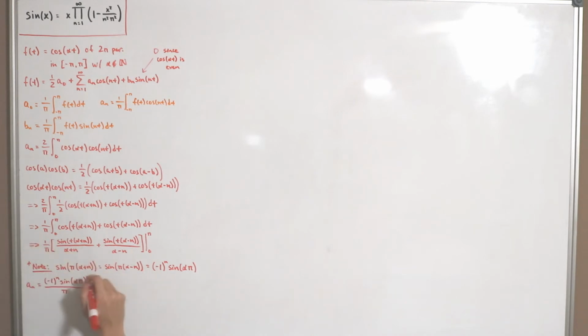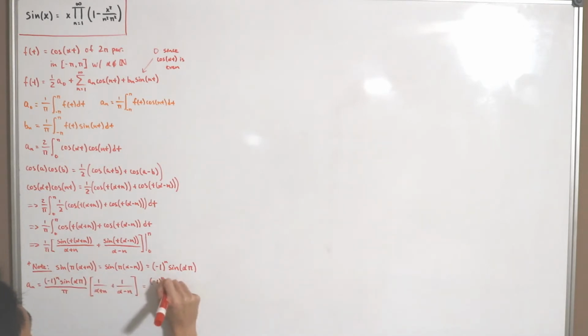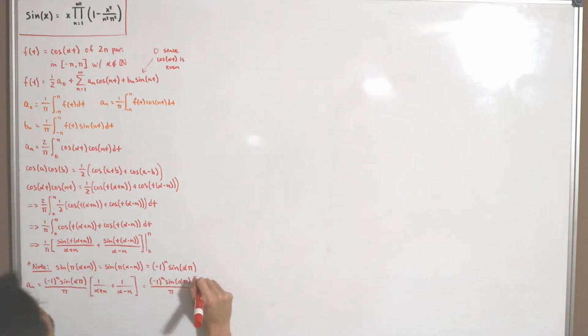Simply, we can factor some terms out, so we get 1 over (alpha plus n), plus 1 divided by (alpha minus n). We can continue doing a little more simplification from here. I can get a common denominator and do the butterfly method. Rewriting from our previous term, this is sine of alpha pi divided by pi, and then butterfly method: (alpha minus n) plus (alpha plus n), and then you multiply the denominators together.